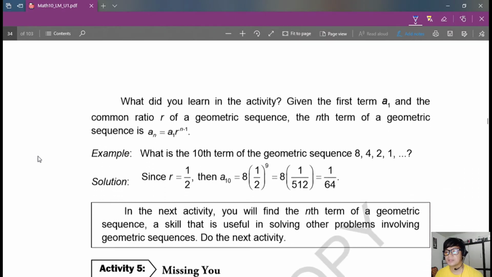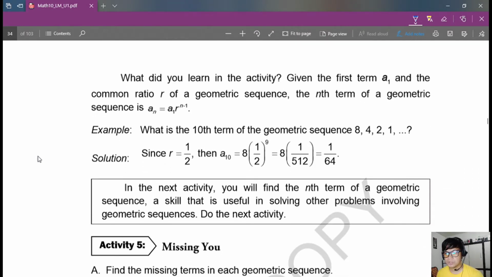Ito. The formula used in the geometric sequence is this one. This is the formula. So a sub n is equal to a sub 1 r raised to n minus 1. Where a sub n, remember yung sa arithmetic sequence, a sub n is our nth term.